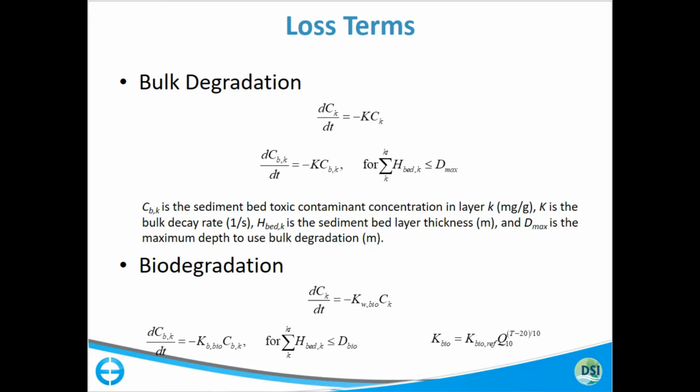Now you can't have multiple bulk degradation rates for the same column. That's not available right now. But you can put a limit, and it will only apply the bulk degradation as long as the total depths from the surface down are less than or equal to the Dmax value.